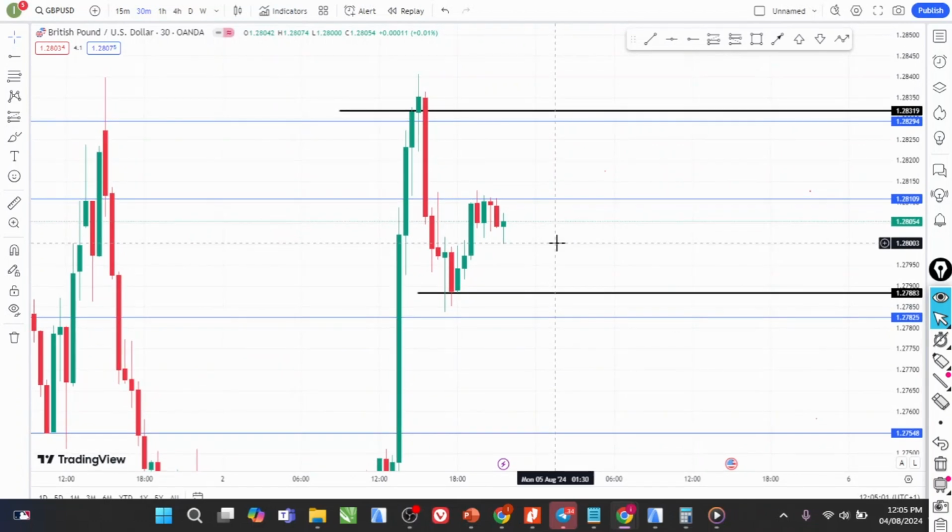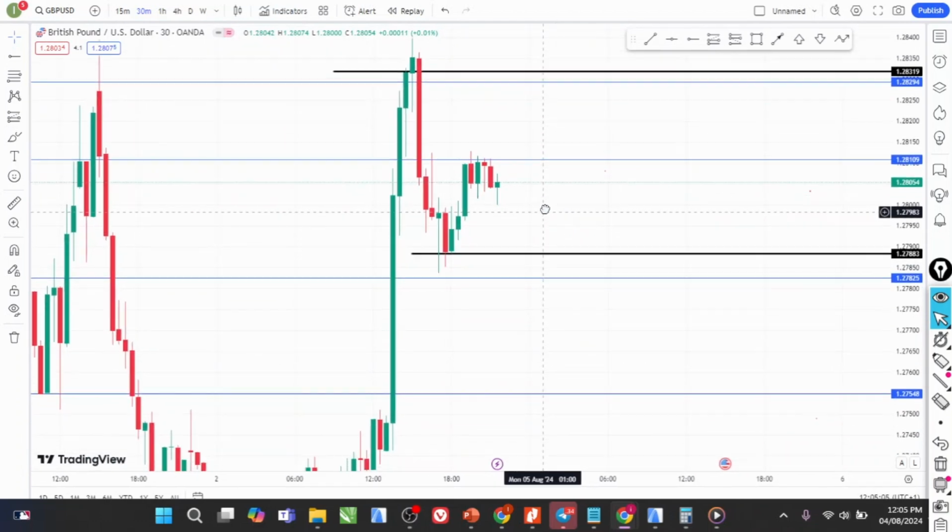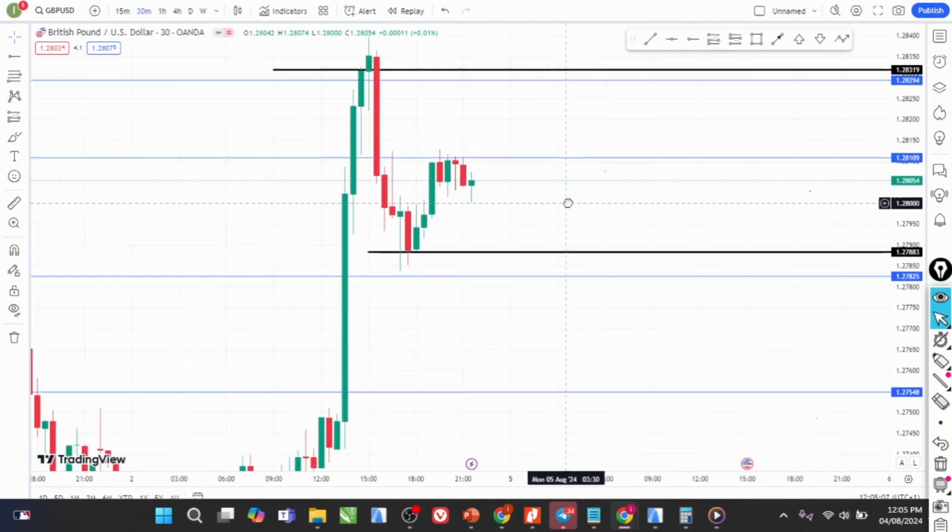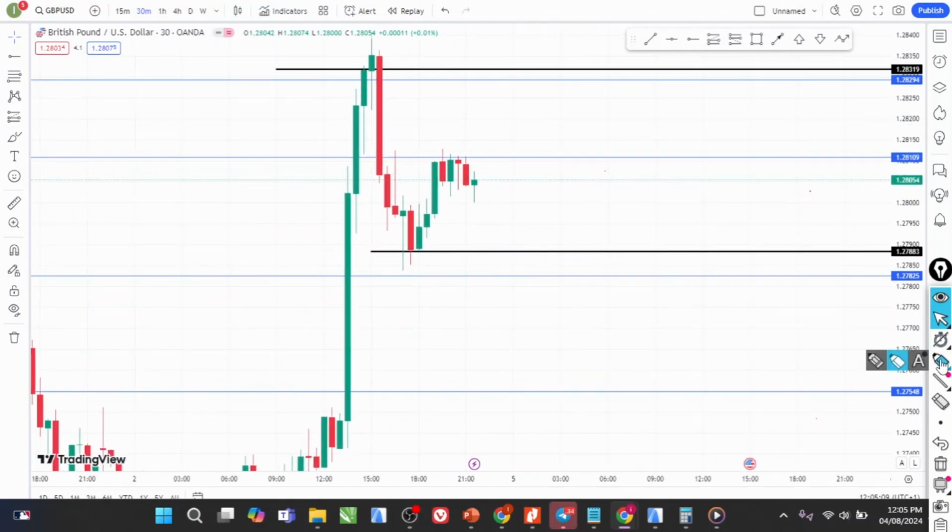So now this is the 30 minutes time frame. What I'm seeing here now, if you look at this candle, what's it called? This candlestick pattern. This is an inverted hammer. I don't really know what the name is, but I think this will be an inverted hammer. Guys, if you know the name of this pattern, just drop it in the comment section.